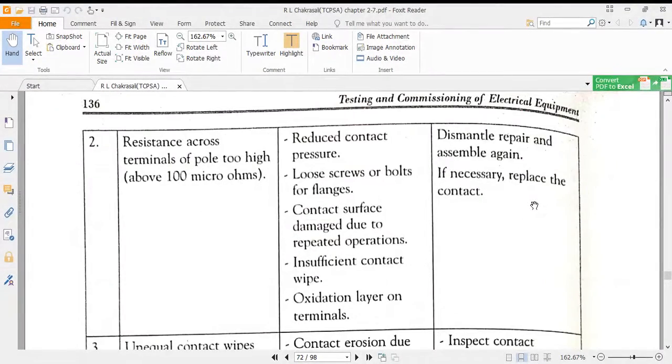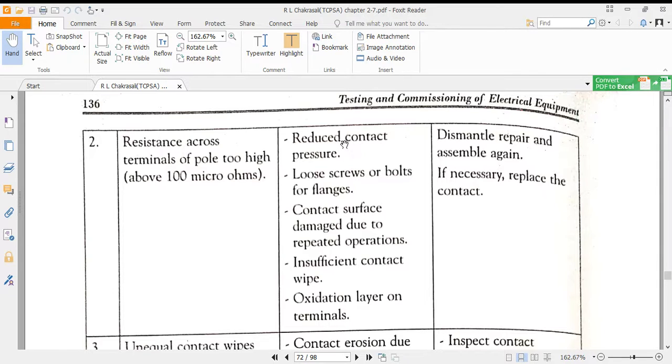Similarly, resistance across terminals is too high. Actually, what is expected is that resistance across terminals should be 0 because it is a conductive path.